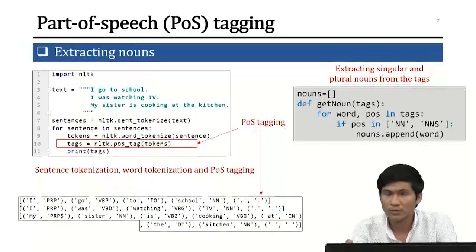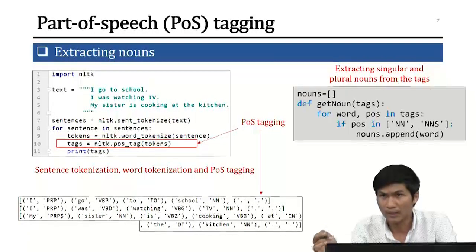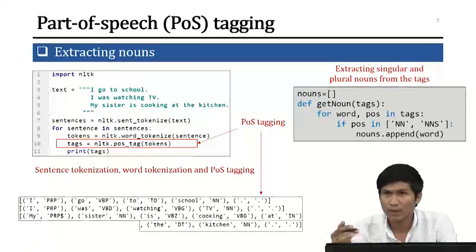Next, we can use a for loop, for word, pos in tags, because the tags are an array of key-value pairs. So word will give us the first key in the array, and pos will be the value. So for each element in the array, we get the word and part of speech.